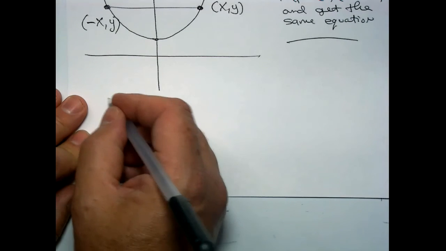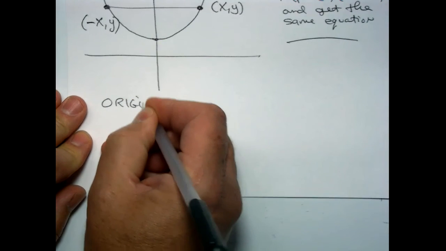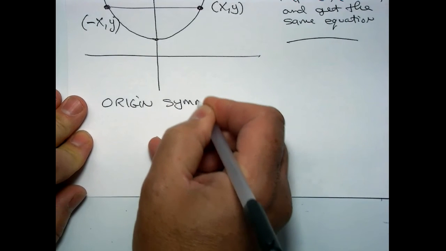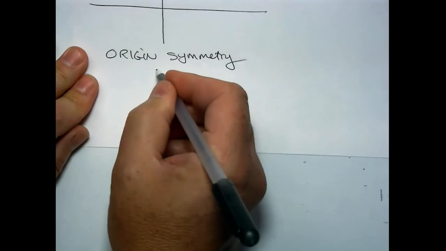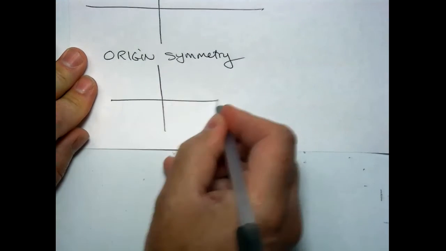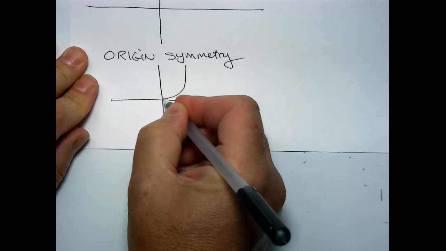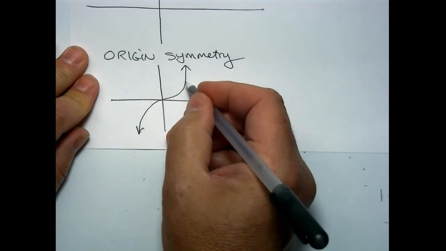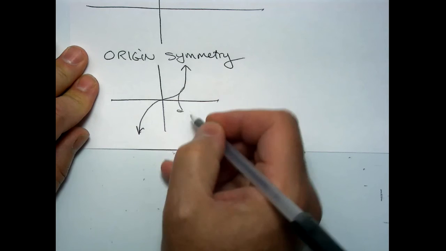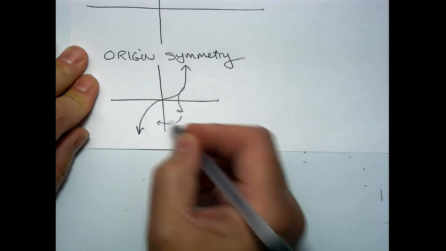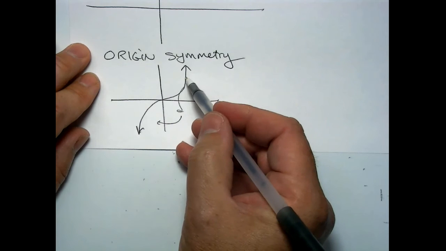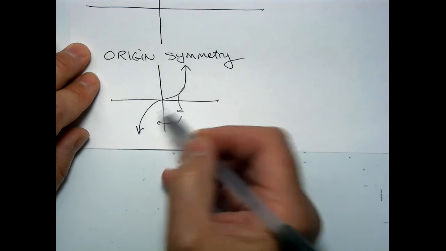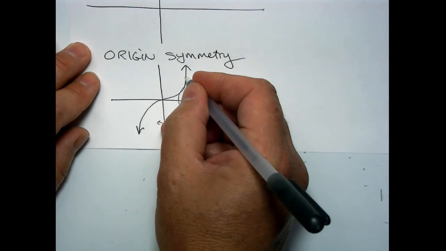One more type of symmetry, which is referred to as origin symmetry. And origin symmetry looks like this. If you were to have a curve that has origin symmetry, it kind of looks like this. What's happening is this curve is reflecting down here and then reflecting across there. It's almost like you fold the paper into fourths. You fold it down and then over, and it overlaps each other.